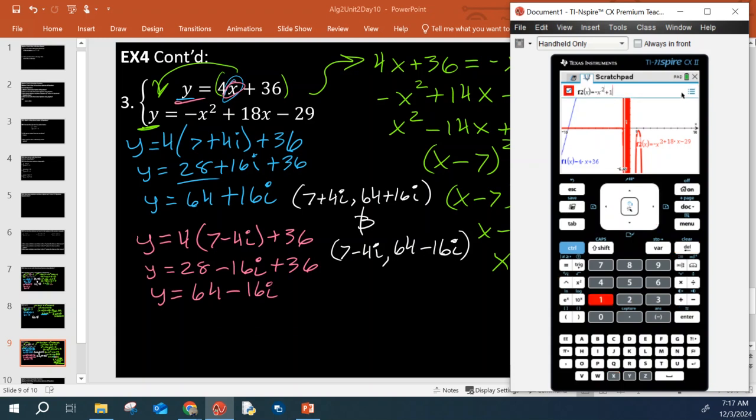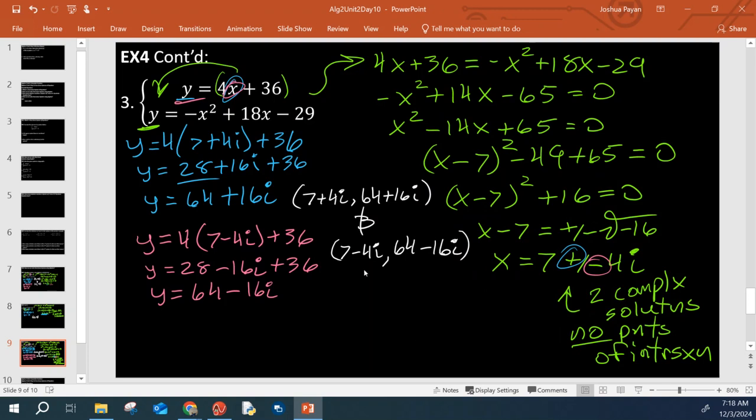Plus 18x minus 29. There we go. Now it looks considerably less stupid. So if I just do menu 4 to zoom out, I mean, we can plainly see they're never going to intersect, right? And because we have no points of intersection, we have two complex solutions that we see here.